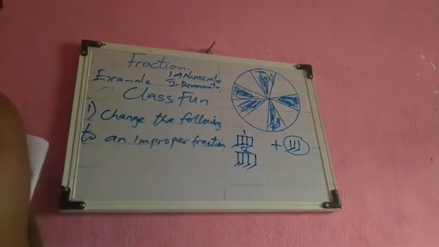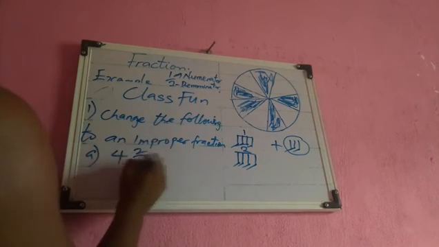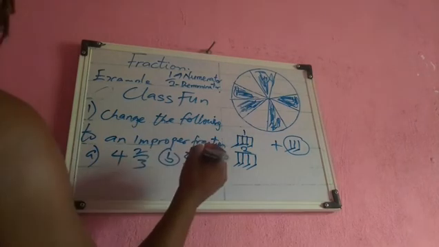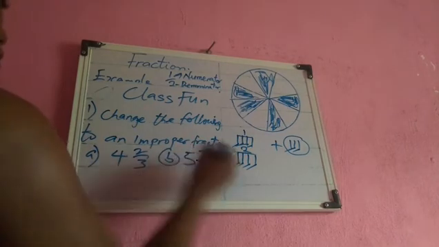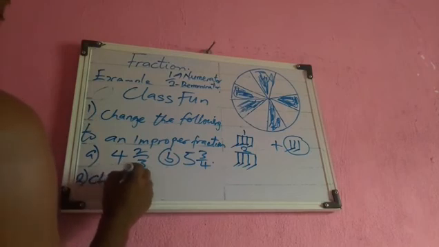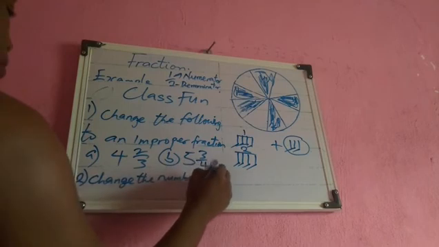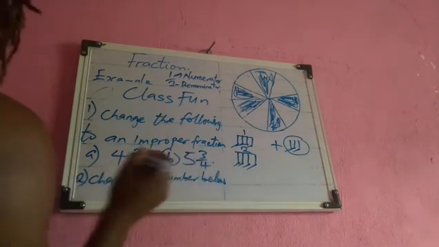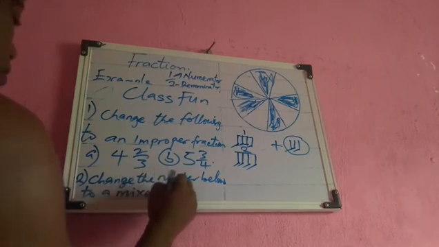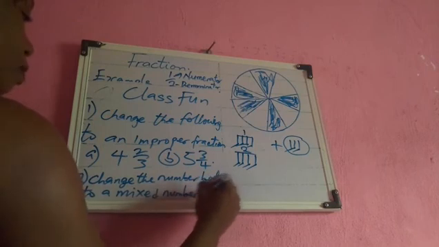So we have the first one, 4 whole number 2 over 3, a mixed number. You convert it to improper fraction. Then we have 5 whole number 3 over 4. Good luck. Then number 2, change the number below to a mixed number. So we have 25 over what? 6.